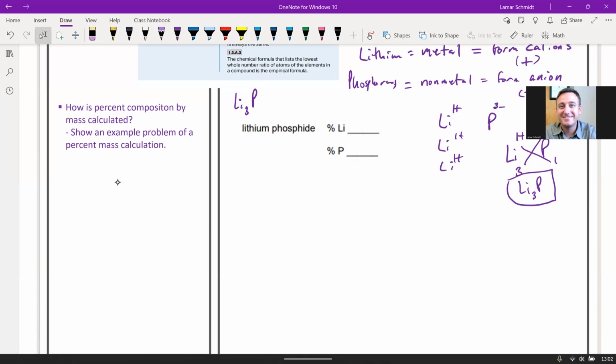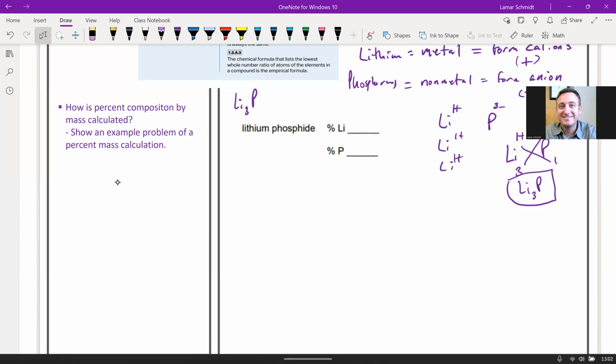All right, we can assume any sample size because in a pure substance, I can't make this clear enough, the mass ratio of lithium to phosphorus is going to always be the same.